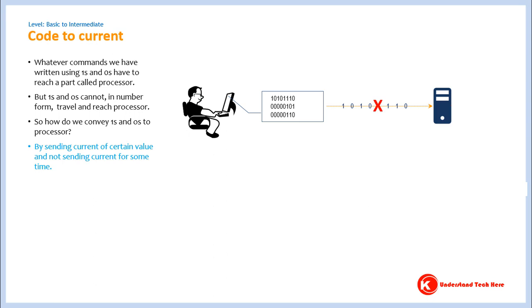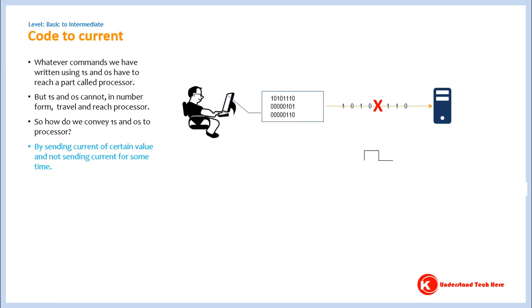What can we send? The only thing that flows in a computer is current. So, you should send a certain type of current to indicate 1 and a certain type of current to indicate 0. So, what kind of current to send?